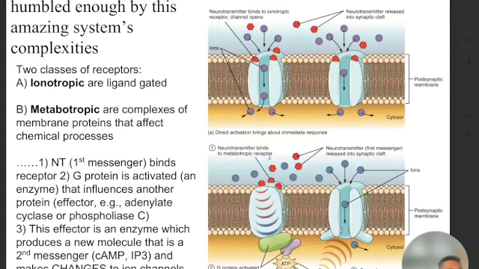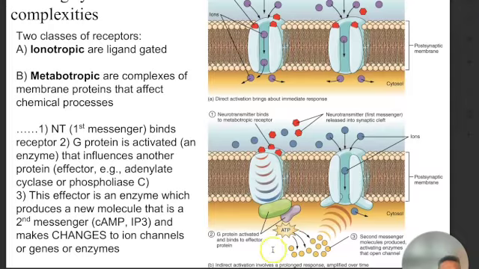Now here is a very complicated one. The neurotransmitter comes in, channels open, and it actually activates another. The G protein activates and binds to the effector protein.